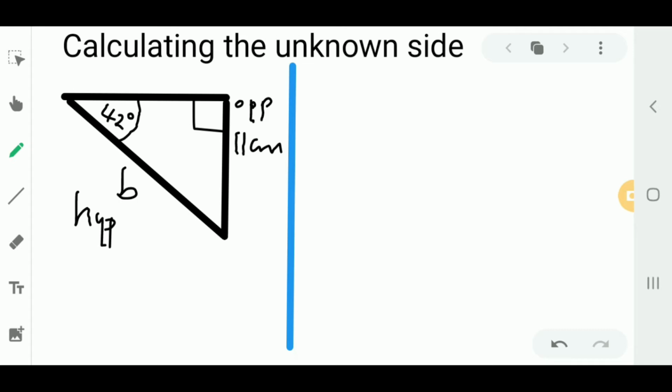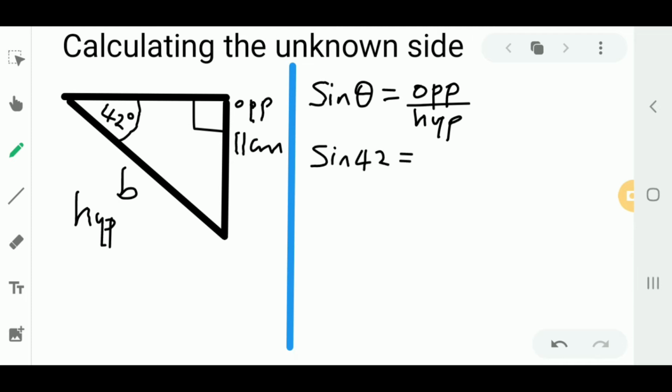Again, the only formula that has the relationship between hypotenuse and opposite is sine. So we have sine the angle is equal to opposite over hypotenuse. Again, we have the angle, so it's sine 42 is equal to the opposite, which is 11, over the hypotenuse, which is B.